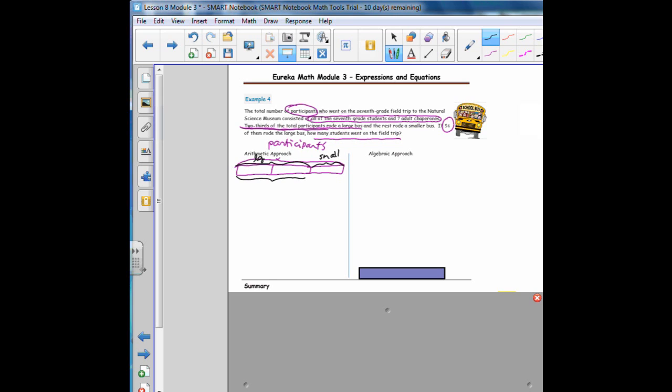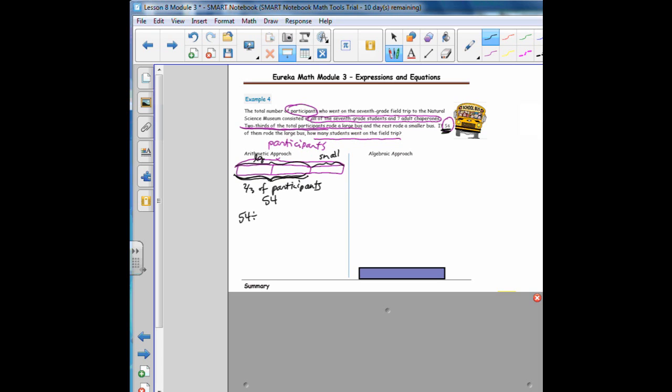And we know that 2/3 of the participants rode this bus, and we know that that number is 54. So we have 54 taking up these two sections, and we want to know how many participants were in one of the sections.